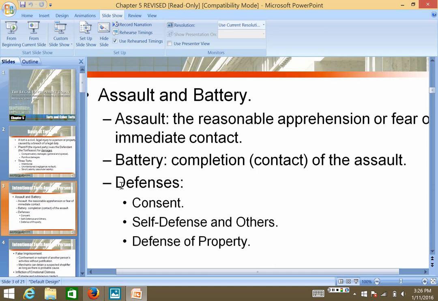Let's first go back to assault. For an assault to take place, you have to place someone in reasonable fear of receiving bodily harm. Example, let's say that someone is in your immediate vicinity and they pick up a baseball bat and threaten to bash your brains in with the baseball bat.